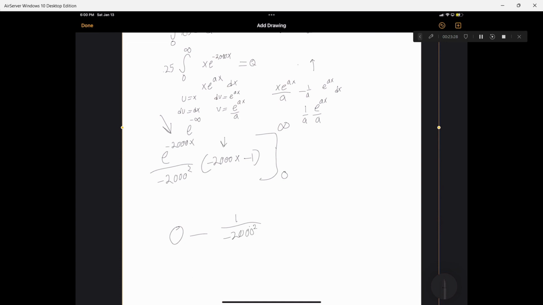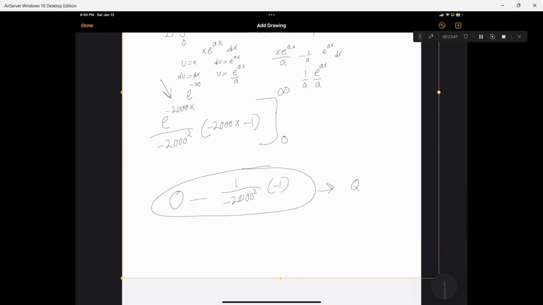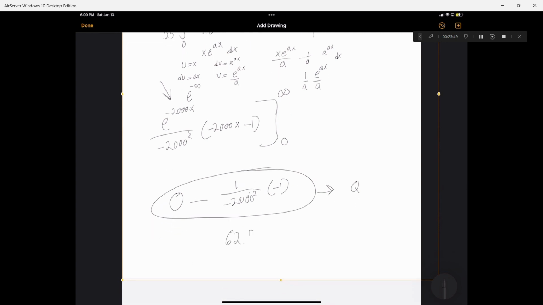And negative 2,000 times 0 is 0. So that's just going to be negative 1 times negative 1. And whatever this answer is equal to is Q. Okay, that's how you do 7, which should be 62.5. Q is in coulombs, nanocoulombs.